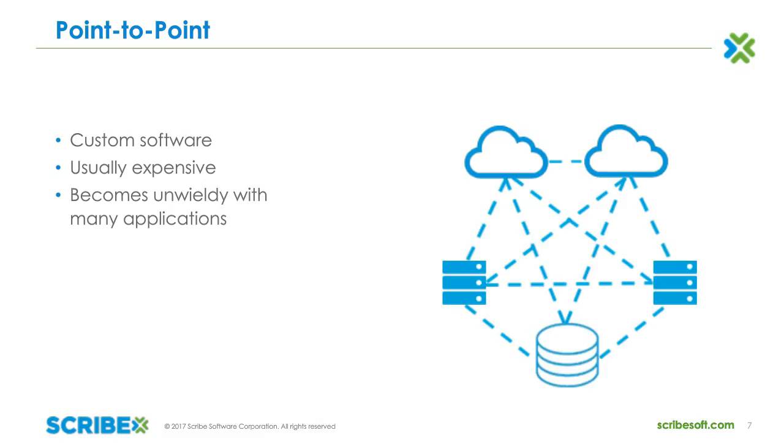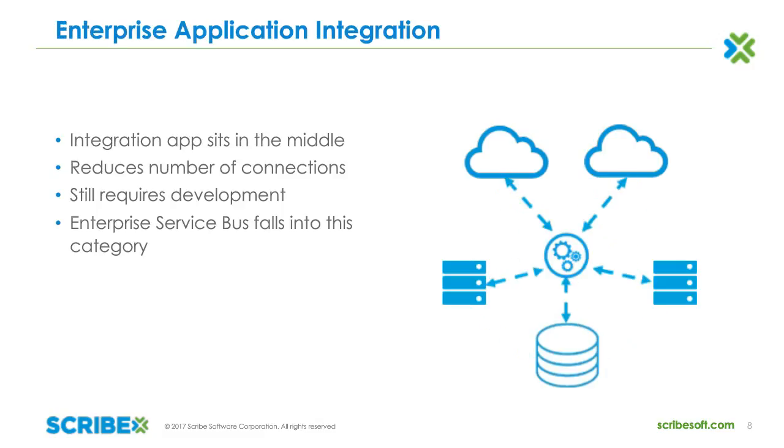So the next approach is really the integration industry's answer to that problem, which is instead of building a link between every pair, or really even every pair that needs to talk to each other, you put an extra application in the middle, an integration application, whose sole job is to shuttle messages back and forth between the various different applications that you have.